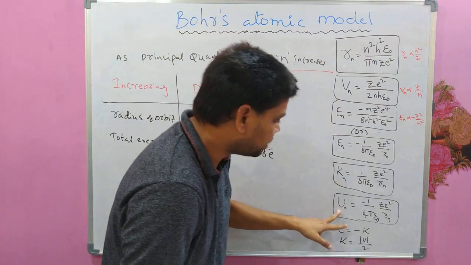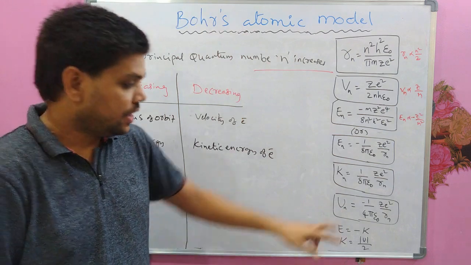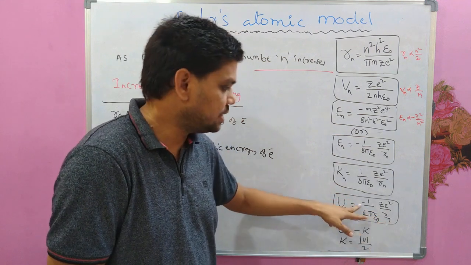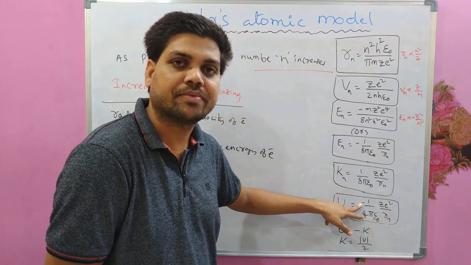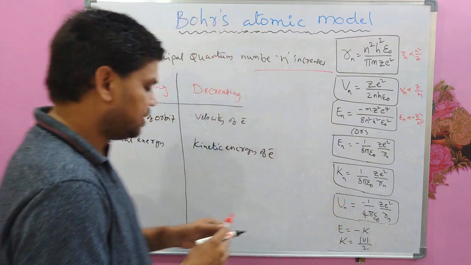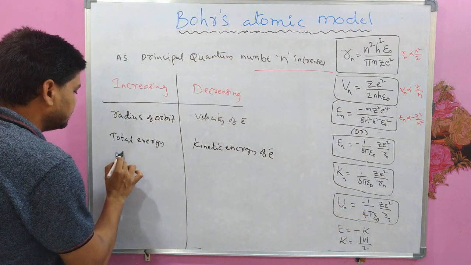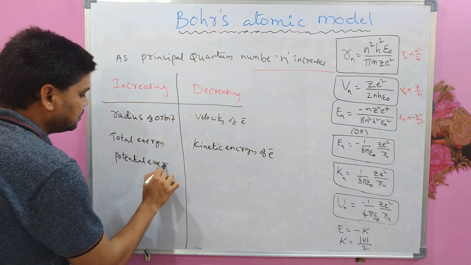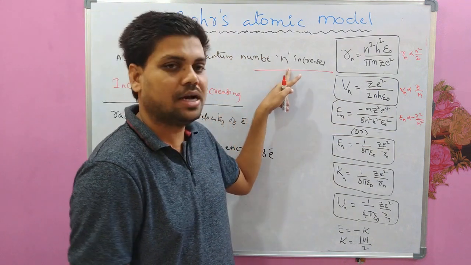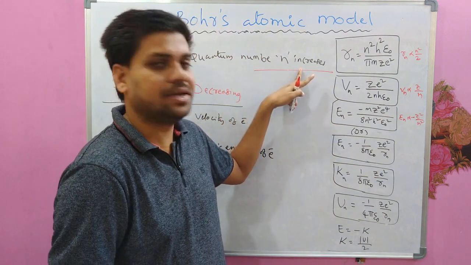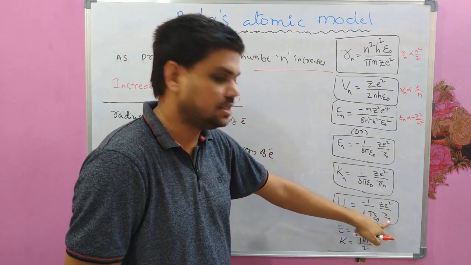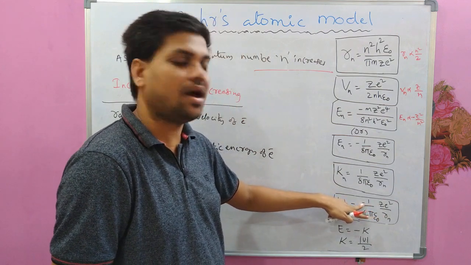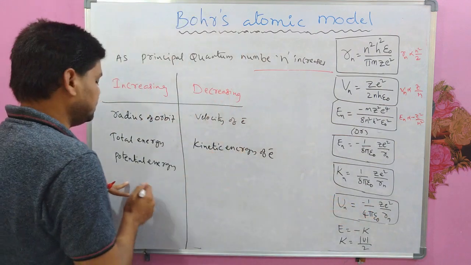And what about potential energy? Here also it is inversely proportional to the radius, but there is a negative sign here. Because of that negative sign, the potential energy will increase with an increase in n value, because with an increase in n, the radius will increase, and because of the negative sign in the formula of potential energy, it will also increase.